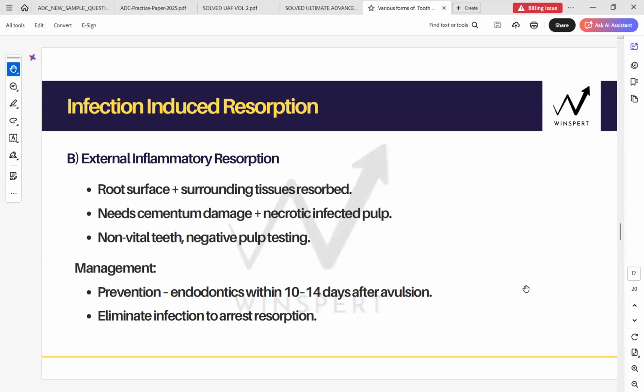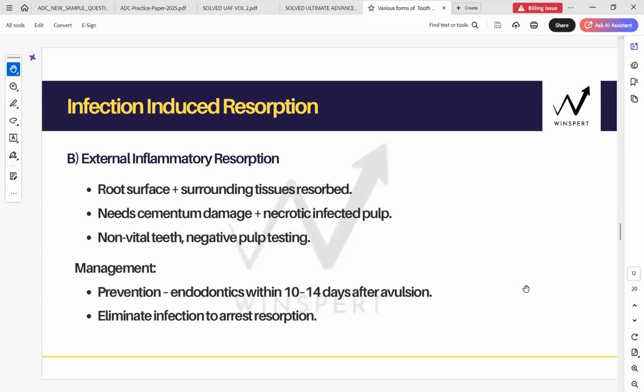Okay? So, due to the presence of necrotic infected pulp, teeth with external inflammatory resorptions will be infected, will be non-vital. Due to infection, they will become non-vital, and that's why there will be no response to the pulp sensibility testing. Because this resorption completely depends on the infection. Without infection, this external inflammatory resorption will not begin.